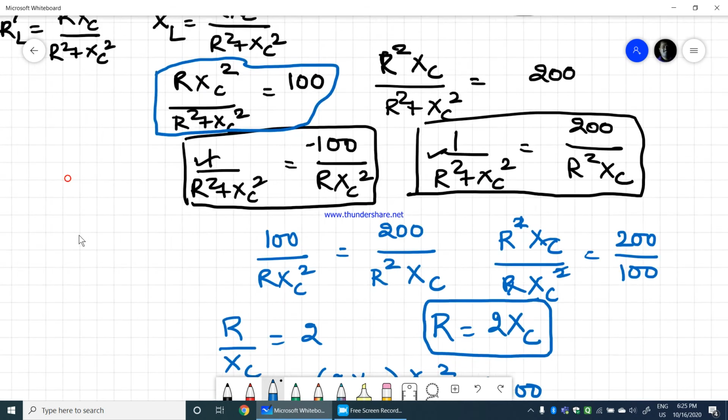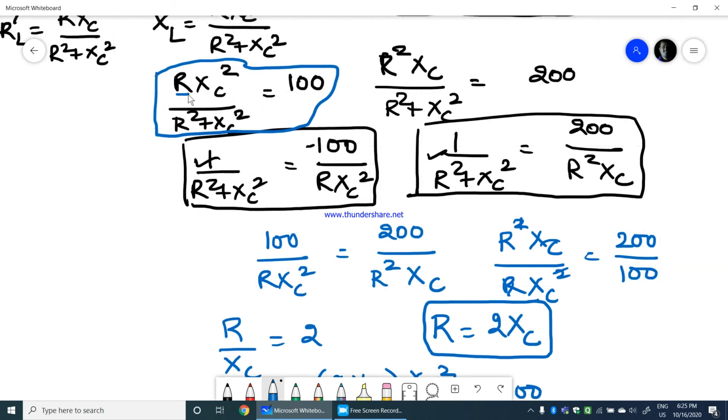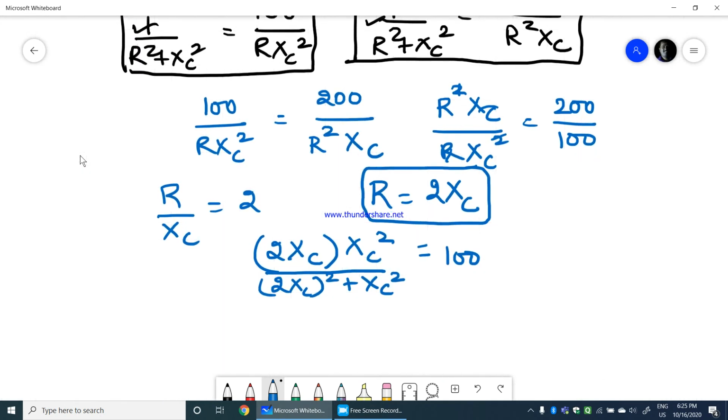I have substituted R to be equal to 2Xc in this equation. So what do I get? I get 2Xc cube divided by 4Xc square plus Xc square, so 5Xc square equals 100.